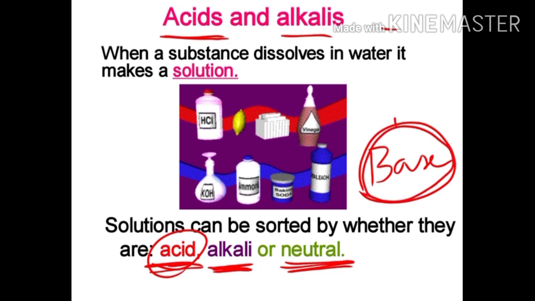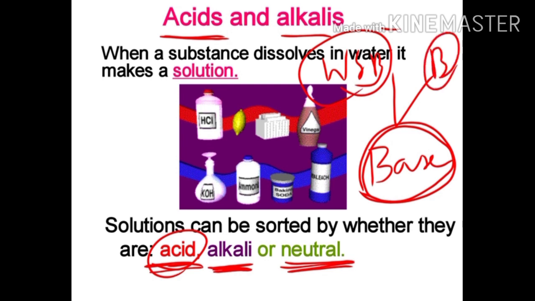What is the difference between base and alkali? That's a big question. I can say alkalis are water soluble bases. And there are also insoluble bases, very simple. So you can classify the bases on the basis of solubility: water soluble bases and water insoluble bases.